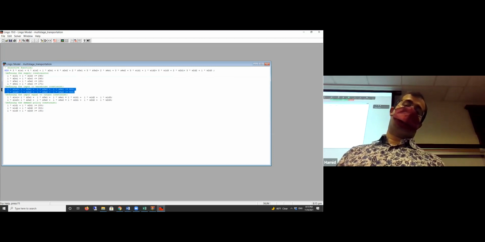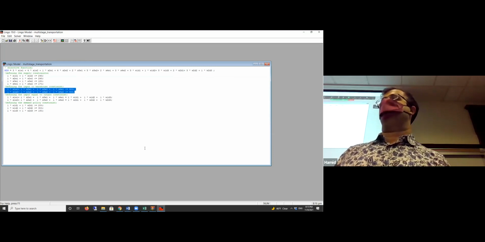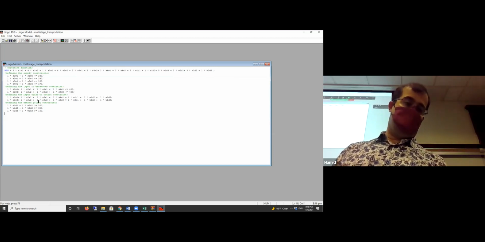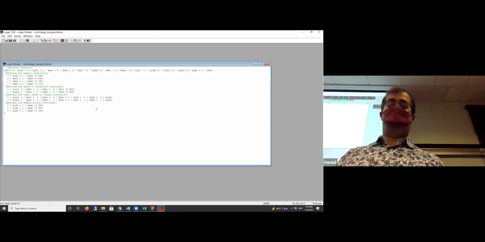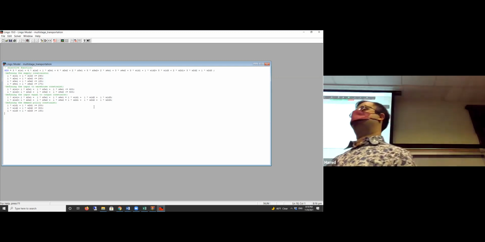Okay, let's look at the next couple of lines. Can anyone interpret the second line for me? S1W2 plus S2W2, S3W2 plus S4W2, less than or equal to 400. What does it mean?